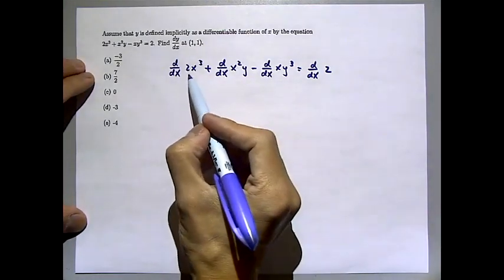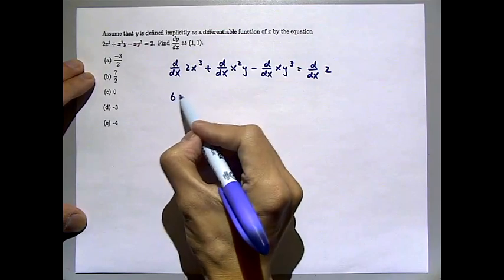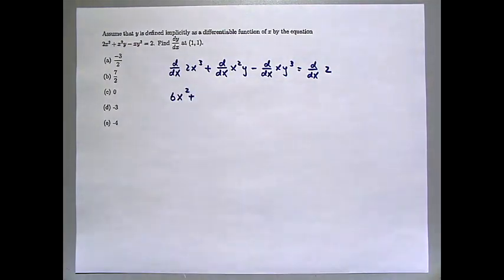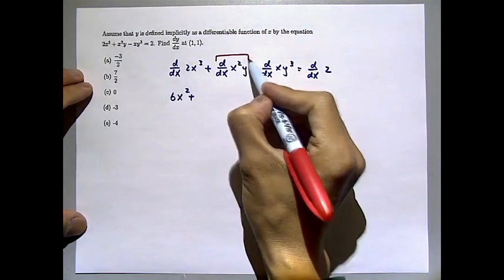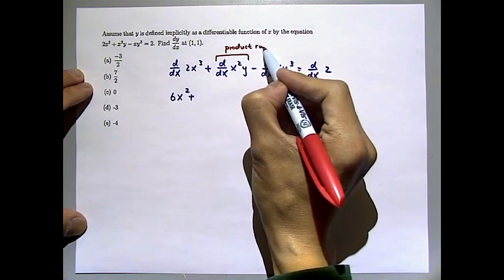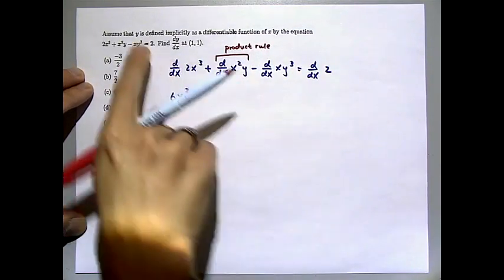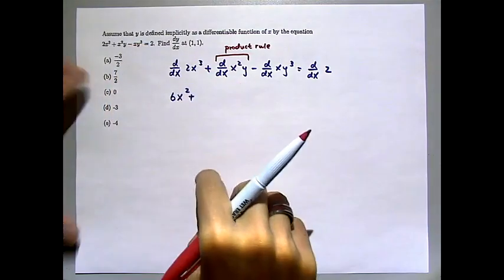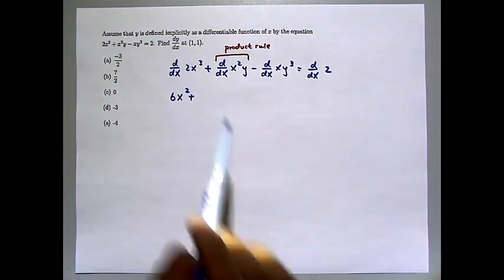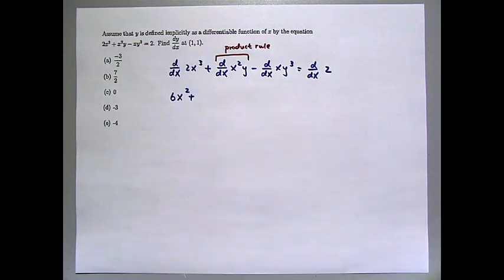First part is easy. That's simply 6x squared. For the second part here, this needs a product rule, because y is obviously a function of x. y is something to do with an x that we don't know what it is, but we know it contains an x. So this is really a product of two functions of x.